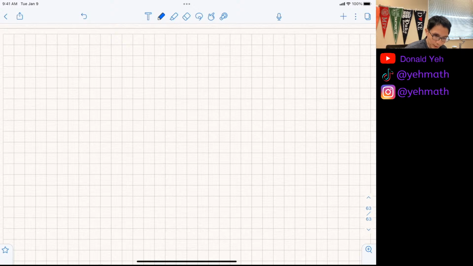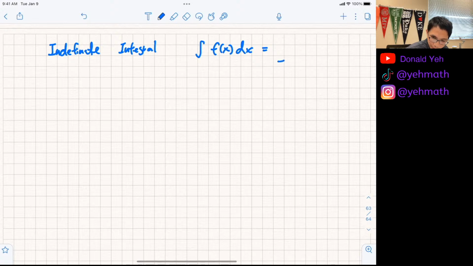Okay, so what we're gonna talk about first is indefinite integral. The whole time that we are doing indefinite integral, it's gonna look like something like this, and usually you will get an expression plus c.